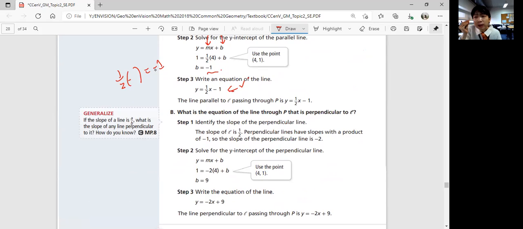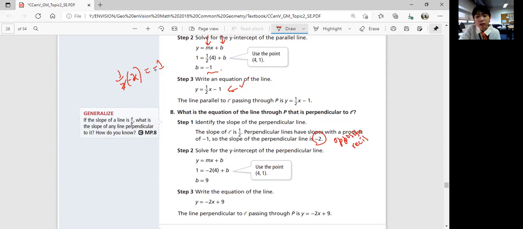So for any perpendicular line, you're going to find the slope that is the opposite reciprocal of the original line. So the opposite reciprocal of 1/2 is -2/1, which is just -2. Okay, so 1/2 times -2 will be -1.